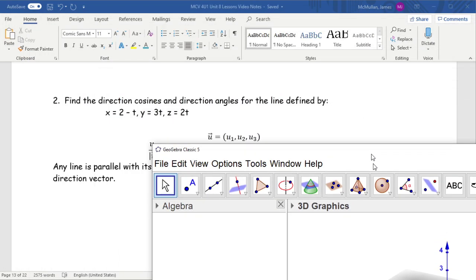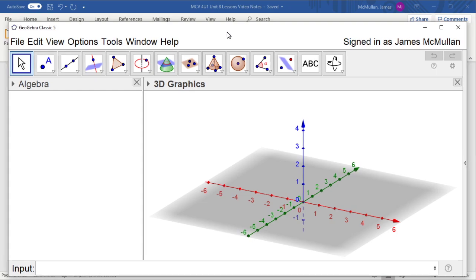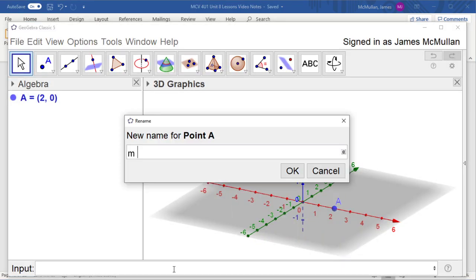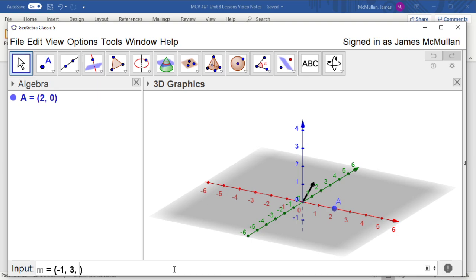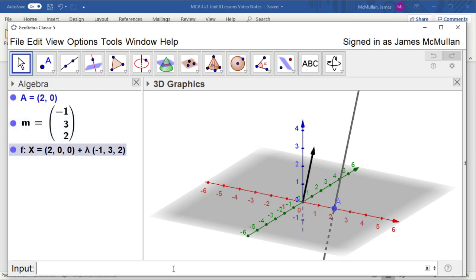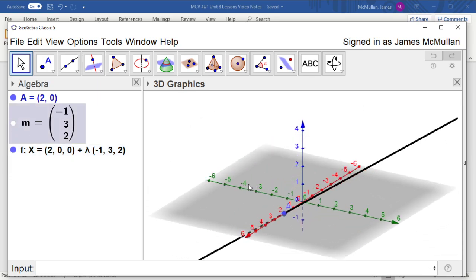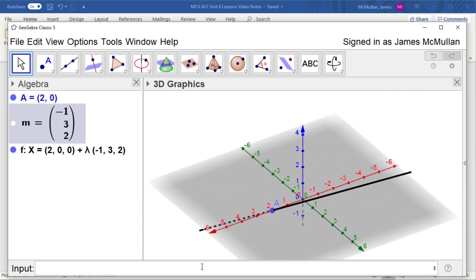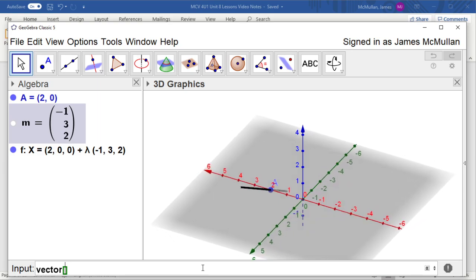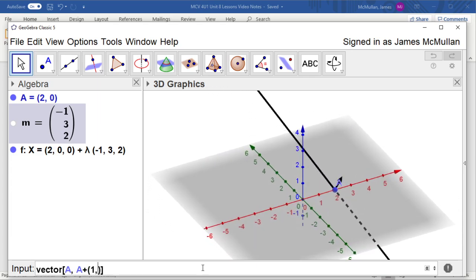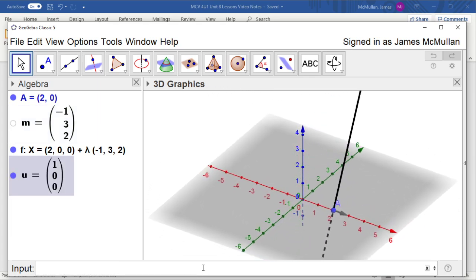Let's draw the line first. It passes through (2, 0, 0), and it has a direction vector of (-1, 3, 2). And we go line AM, and that's it. Now the angle this makes with the positive x, y, z axes. So here's what I'm going to do. I'm going to make a new vector that joins A and one point over on the x-axis.